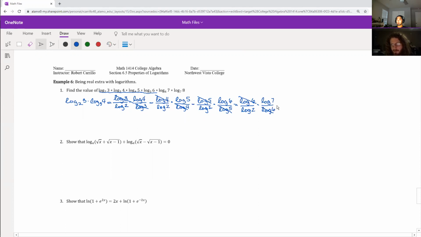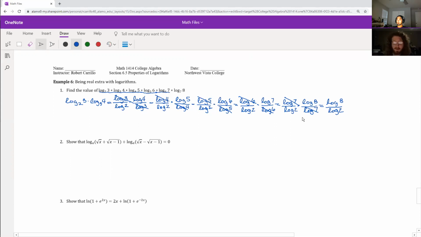And we cancel. And we get to our last step, which is log of 8 divided by log 7, and we cancel. So we get log 8 divided by log 2, right?